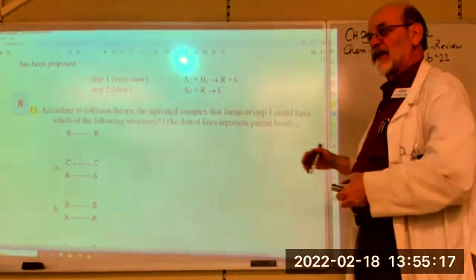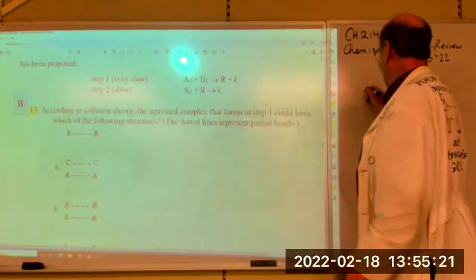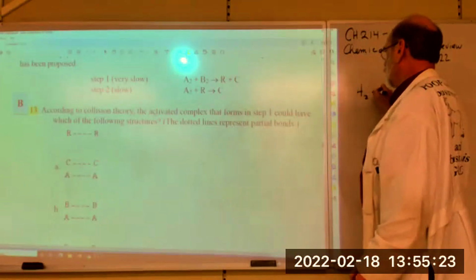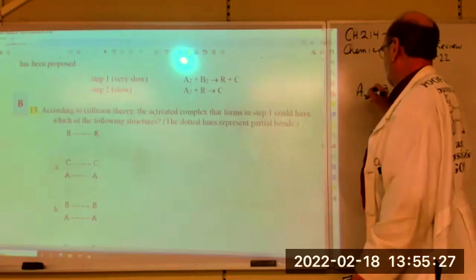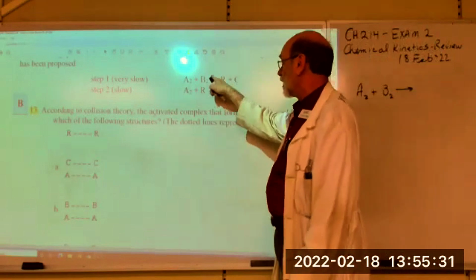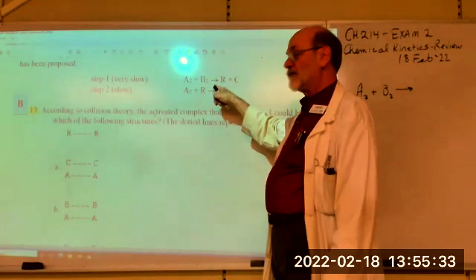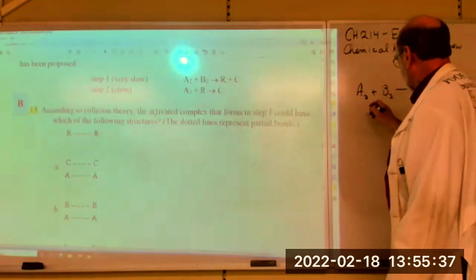The activated complex, because this is the rate determining step, we want to get A2 plus B2 to some form of activated complex. I mean, it's even in here. It doesn't even make it to that yet. Okay, so what do these look like?